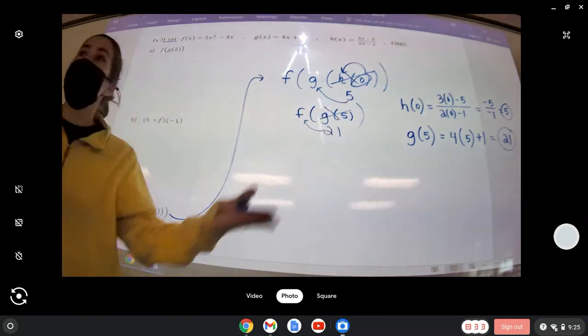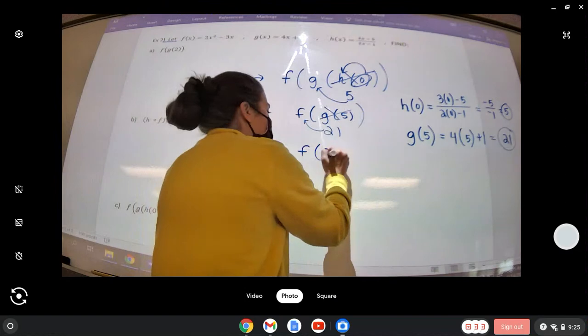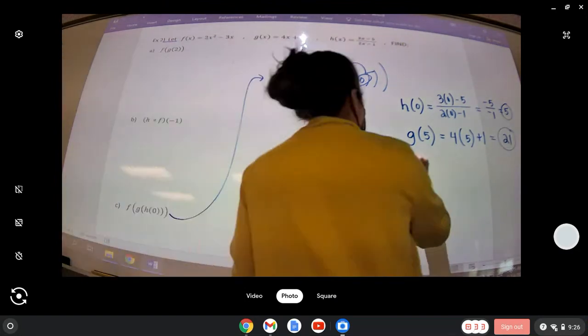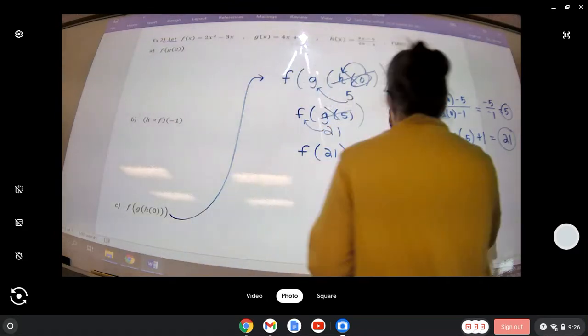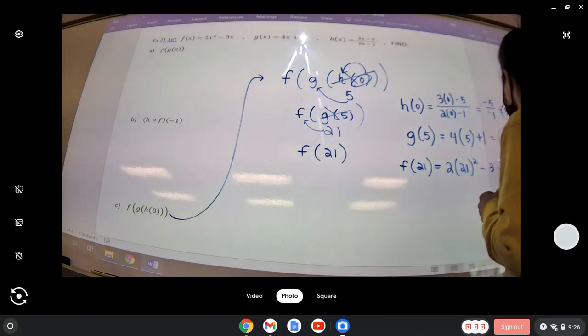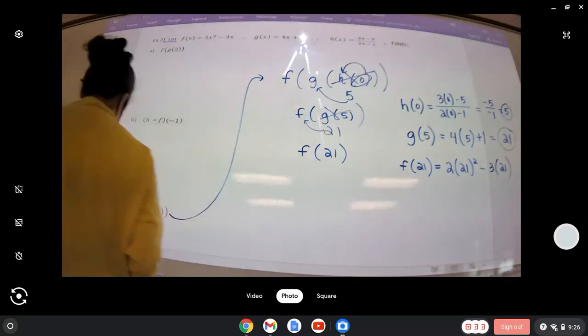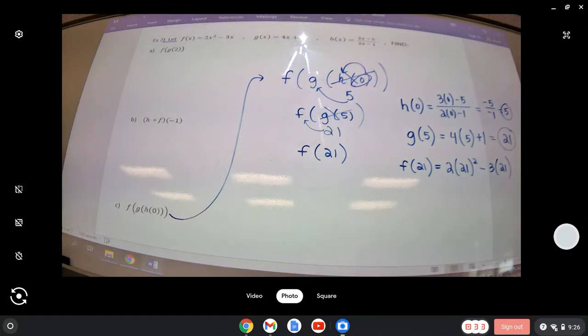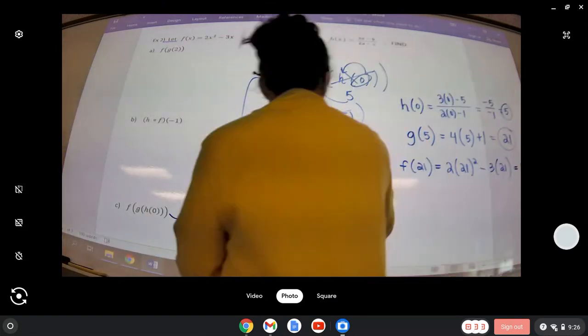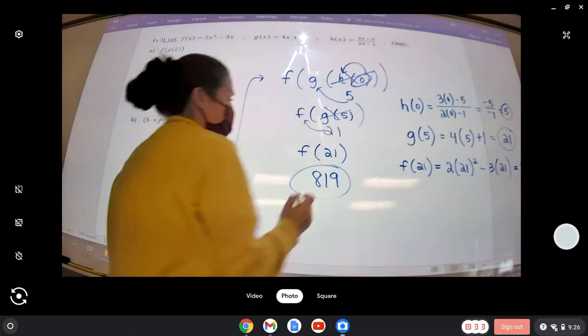So now 21 needs to go into f. So to end it, you should be finding f of 21, and then that should get us our final answer. And I got 819. All right, and since he's our last one, that's our final answer.